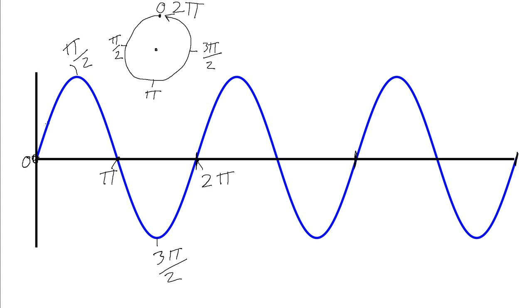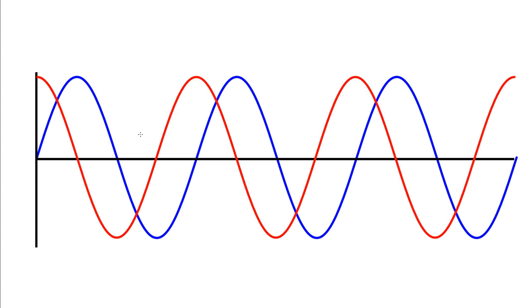So we can use the phase to describe where we are in a wave, so at what point we are in a wave. But it becomes more useful once we've got two waves which we compare. So here we've still got the blue wave, but I've added on a second red wave. And if this was the displacement against time, then this second red wave has exactly the same amplitude, exactly the same period, same frequency.